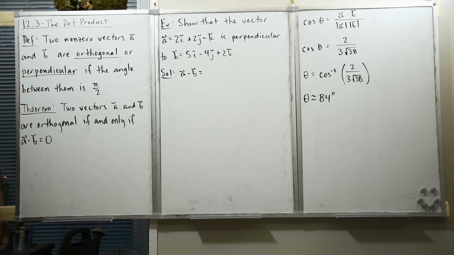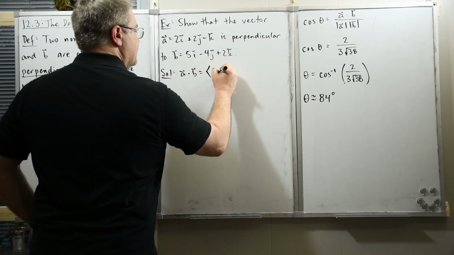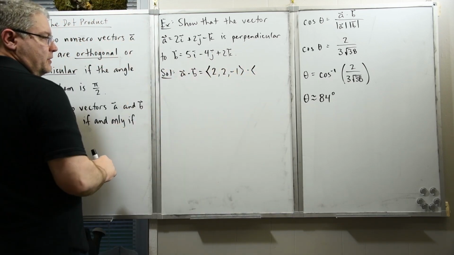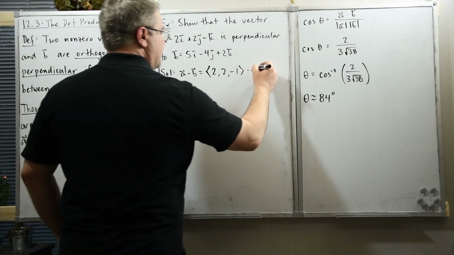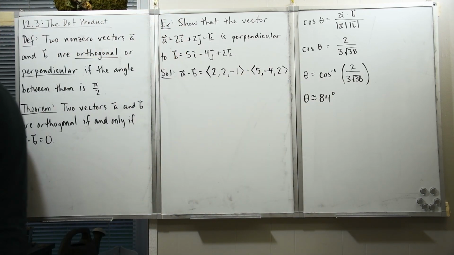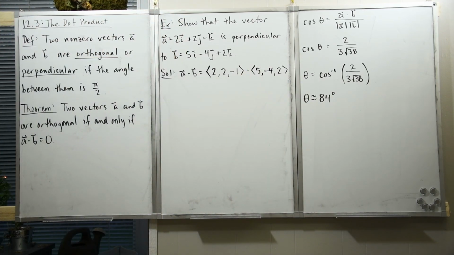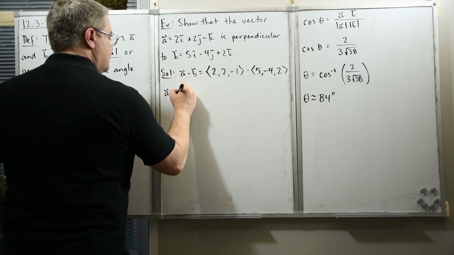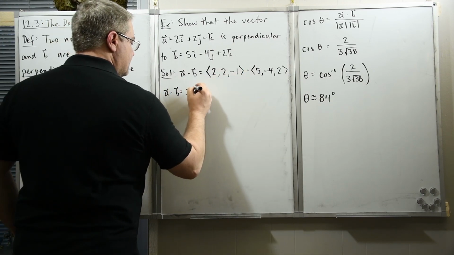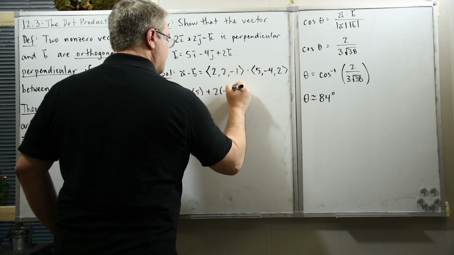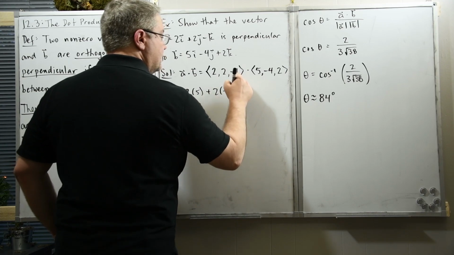In component form, we have A is represented this way, as components 2, 2, and negative 1. And B has components 5, negative 4, and 2. Well, if we go through and take the dot product, we'll have 2 times 5 plus 2 times negative 4 plus negative 1 times 2.